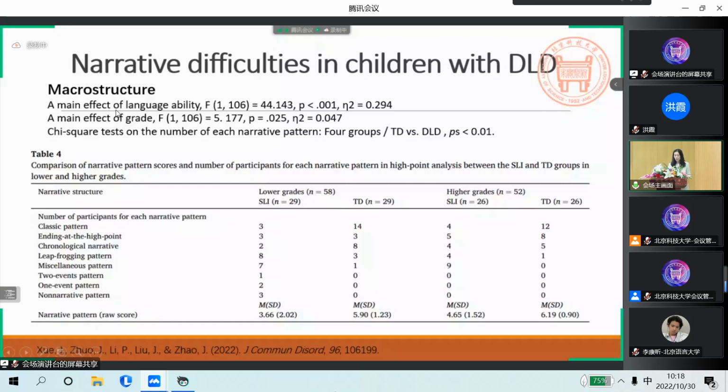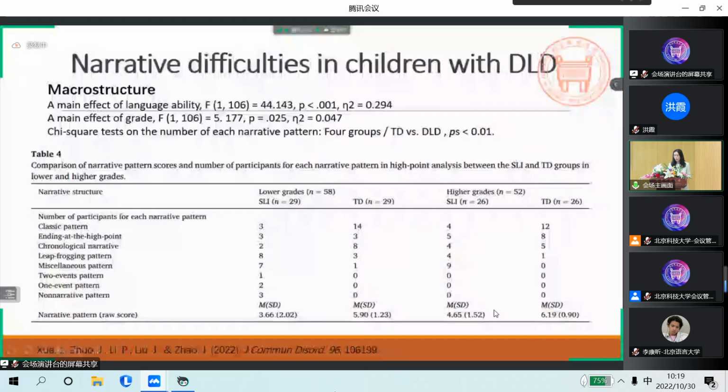Language ability means that there was a significant difference between DLD and typically developing children, with lower grade and higher grade combined. And there is also a main effect of grade. That means there was a significant difference between the higher and lower grade.